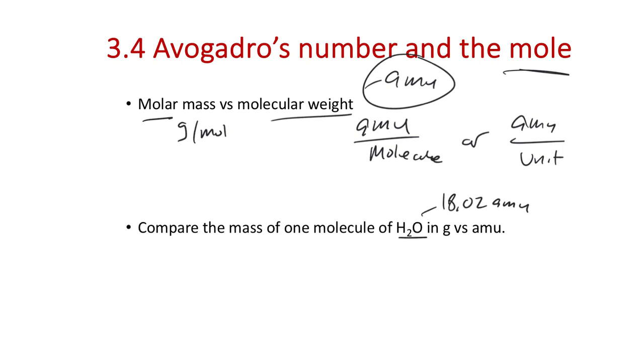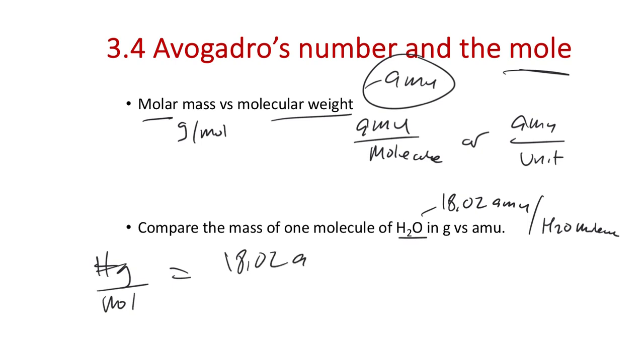Now that's per molecule. If I want to get the number of grams per mole in water, starting from 18.02 AMU, we understand it's per individual water molecule.